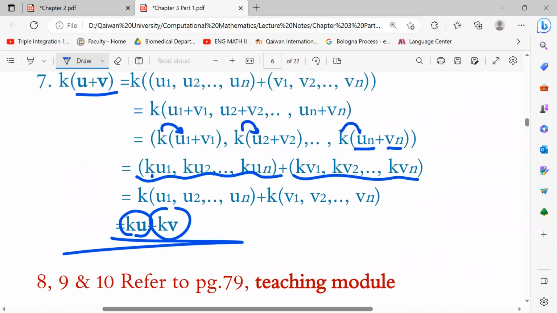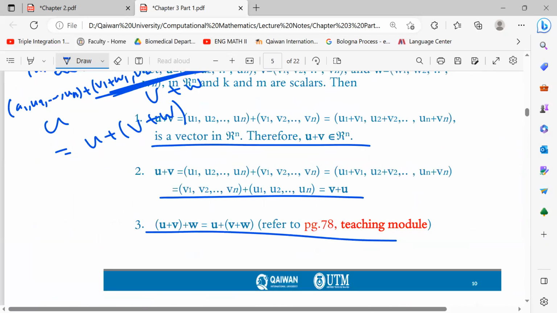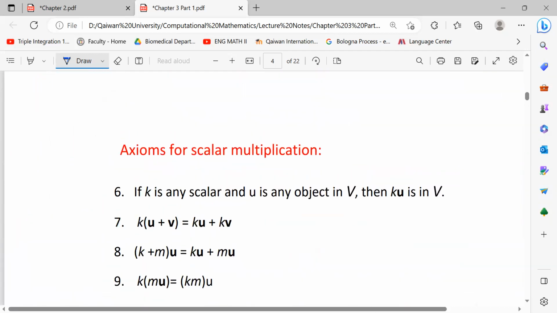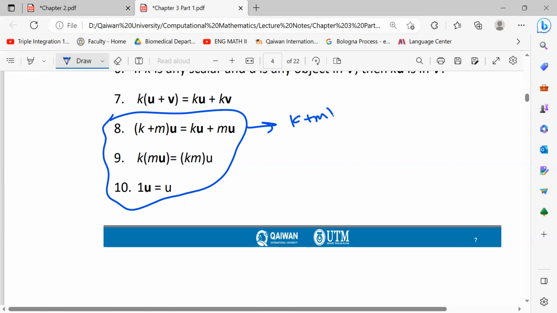Therefore, for the last three conditions, let's return to the conditions. These are the conditions. For 8, 9, and 10, for these three conditions, we say if we have k plus m times u, where u is u1, u2, up to un, we must show that it's ku plus mu. Now, we multiply this by all elements here.